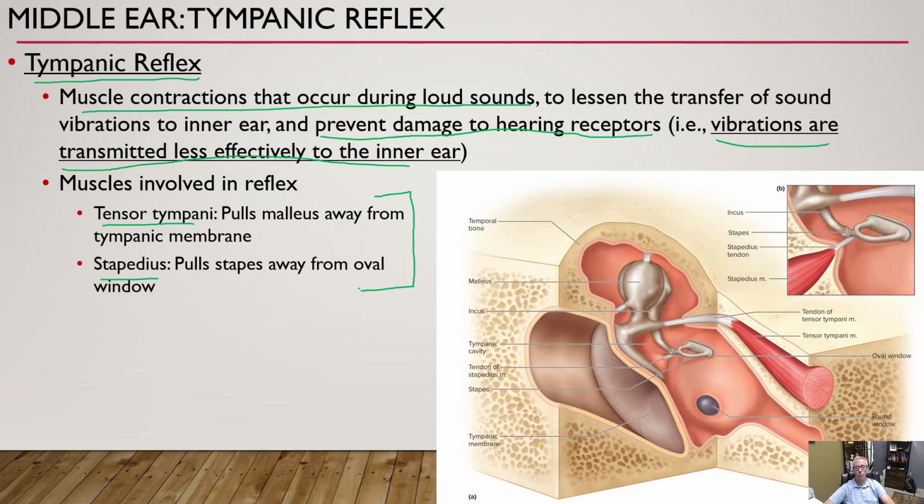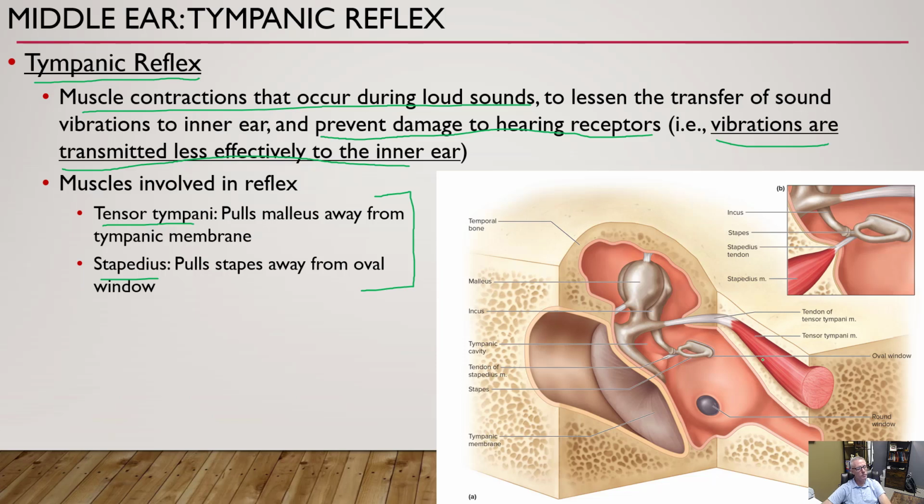It doesn't want those loud vibrations to be transmitted to the inner ear. And we'll talk about hearing loss related to loud noises or loud music later on. So right now, tympanic membrane vibrates, malleus, incus, stapes vibrate. That stapes butts up against that oval window and is vibrating against that oval window.